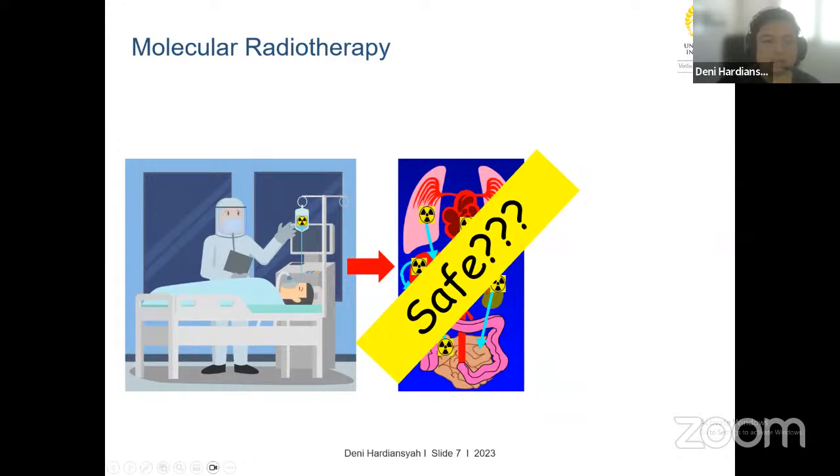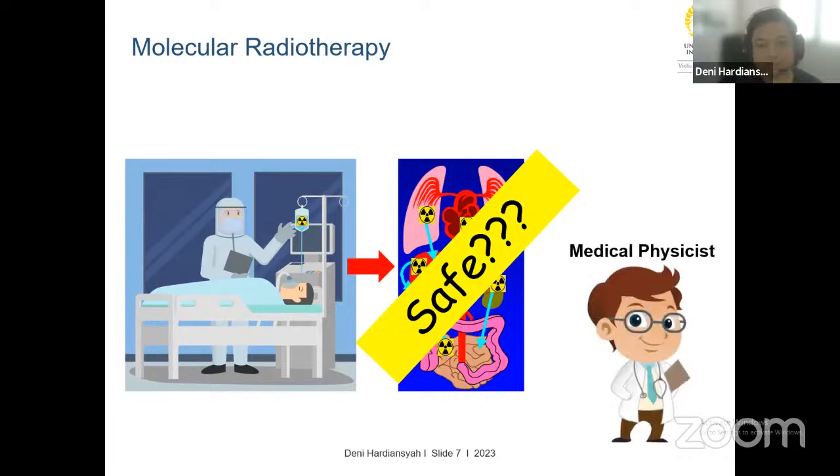This is where we need to be grateful that we learned physics, because in physics we learn how to deal with this. If you are working as a physicist in a hospital, then one of your jobs is to calculate and make sure that the patient will be in a condition of safety if they get this type of therapy, molecular radiotherapy.